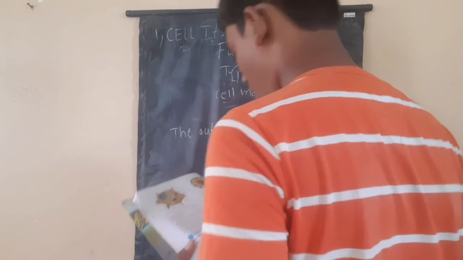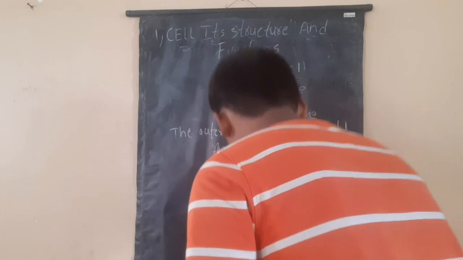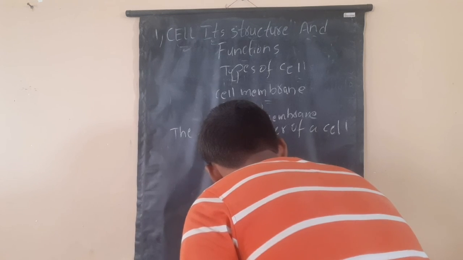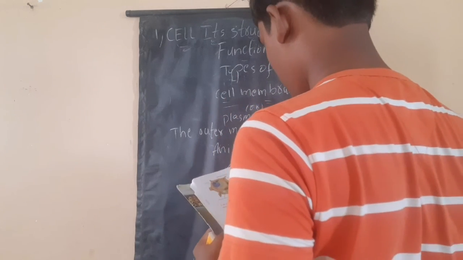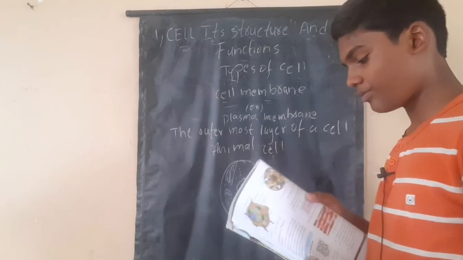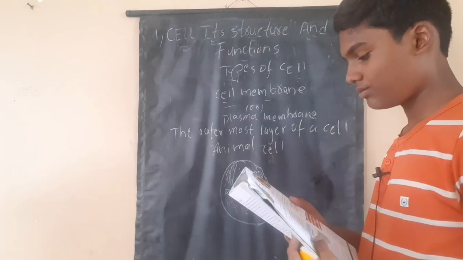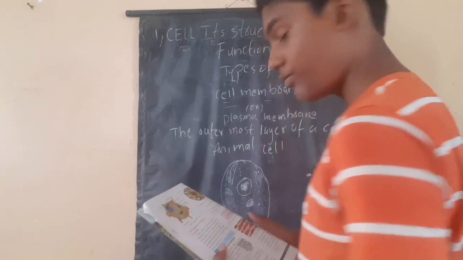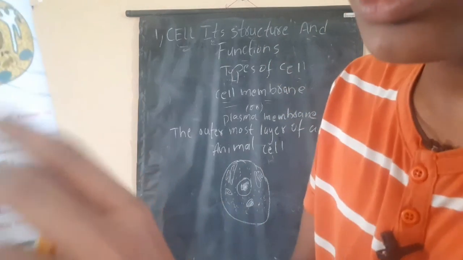And here is the Golgi apparatus, endoplasmic reticulum, cytoplasm, and mitochondria. This is the mitochondria.